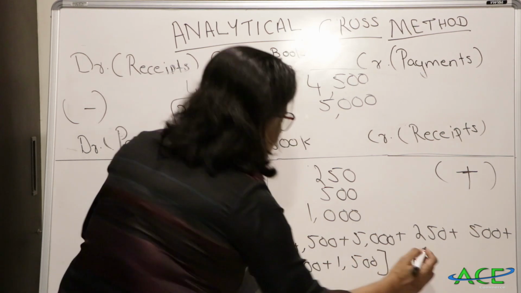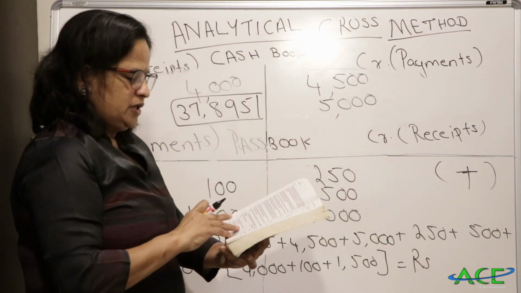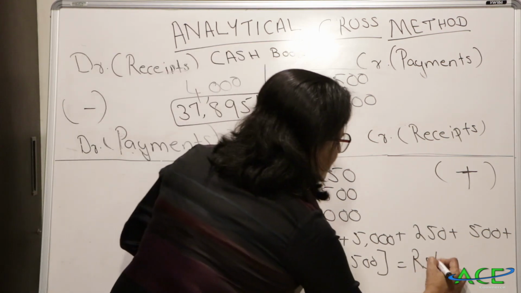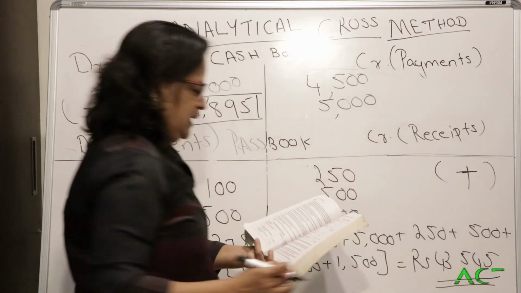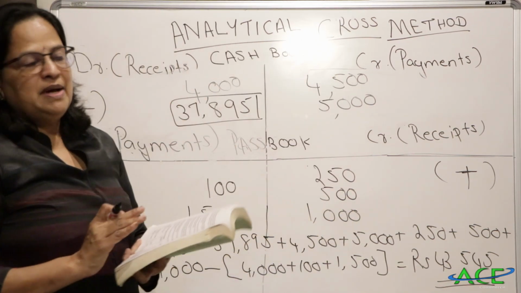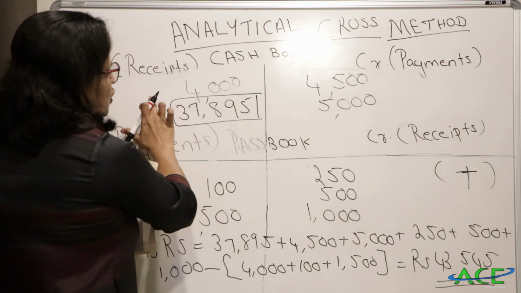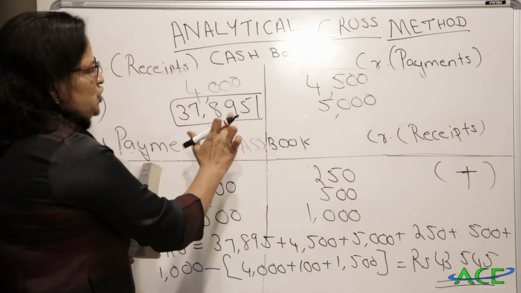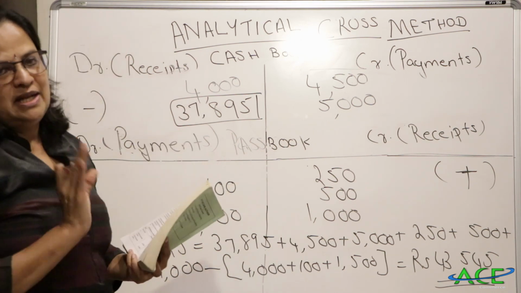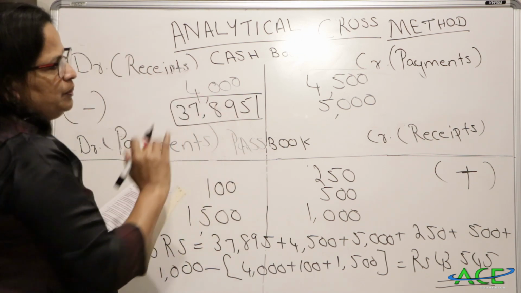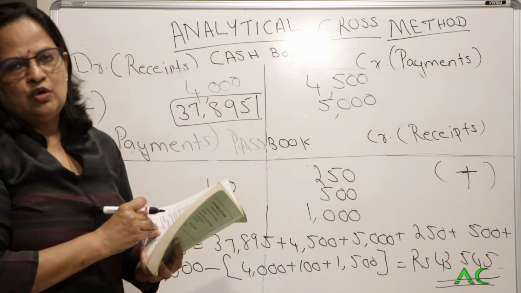The total value will be 43,545. So that will be the passbook balance, the credit balance of the passbook. It's not overdraft. We are starting with the actual debit balance of the cash book, so the passbook is also the actual credit balance. In the last problem we worked with the overdraft balance.